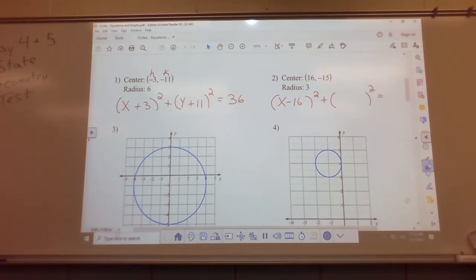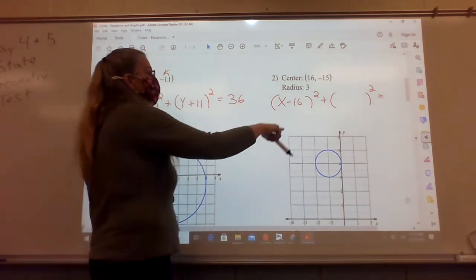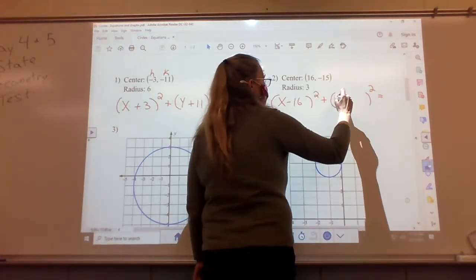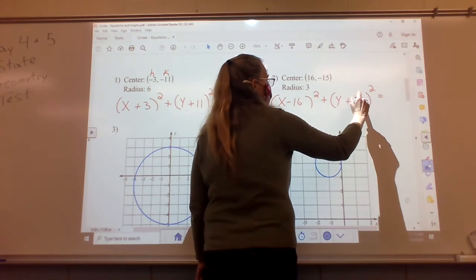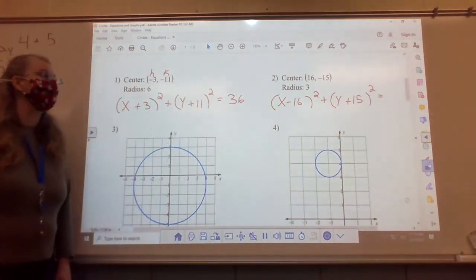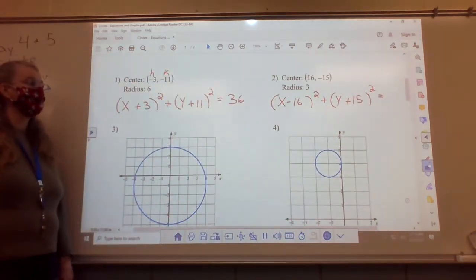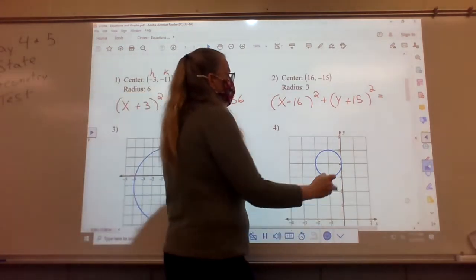The second parenthesis is going to be what? y plus 15. So this is minus, I put plus. And at the tail end, I have radius squared. And in this case, it's going to give me 9, because 3 squared is 9.